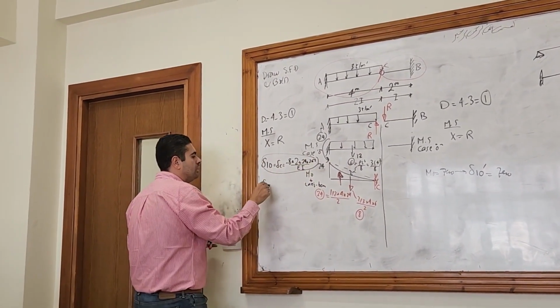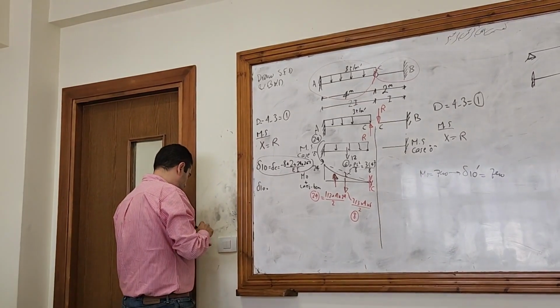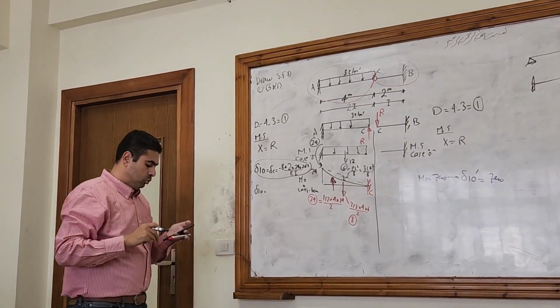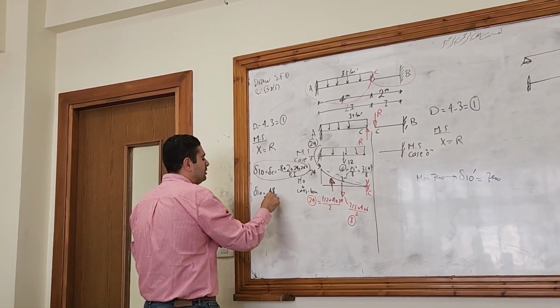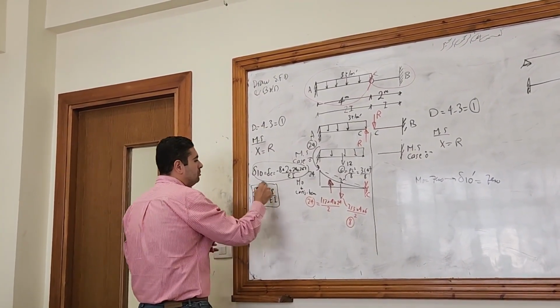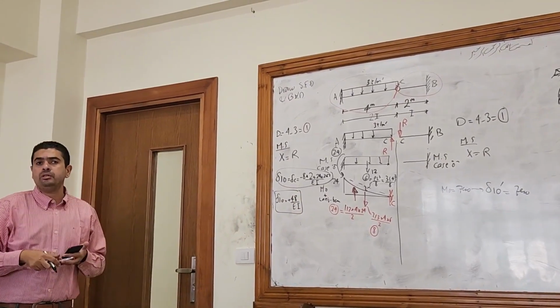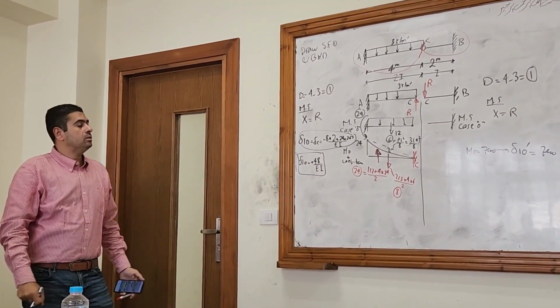So delta 1 node here will be equal to positive 48 divided by EI. And delta 1 node dash there equals 8.